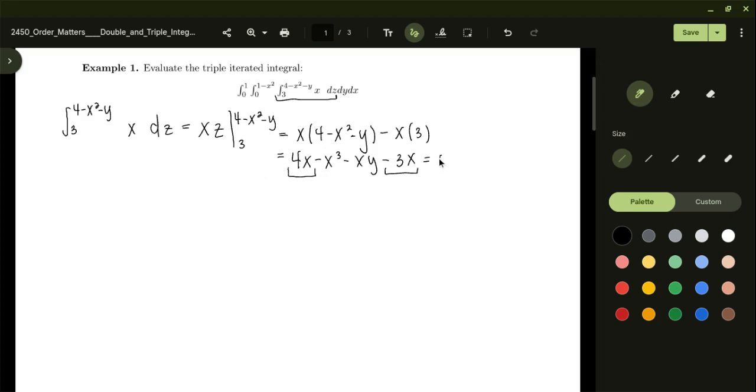When we do, we end up getting negative x cubed minus xy, and 4x minus 3x is a positive x. So now this is the new function that we're going to be integrating in our next integral. I'm going to rewrite the problem that we have left, filling in this new expression for our integral over z.